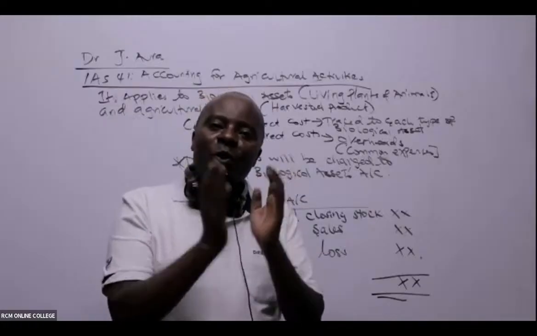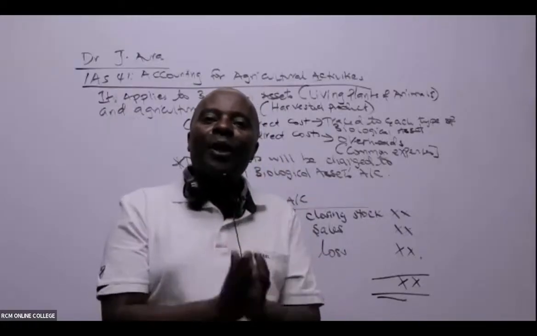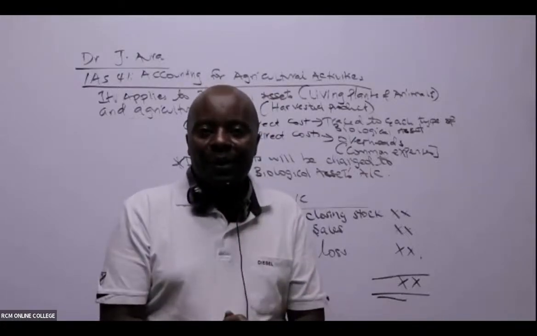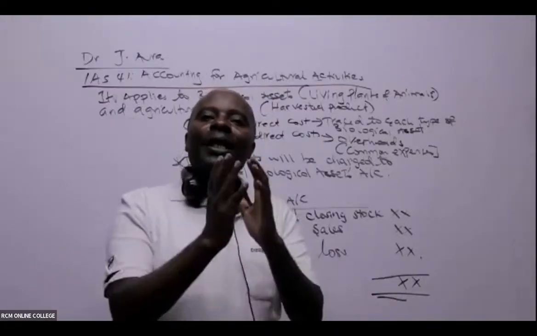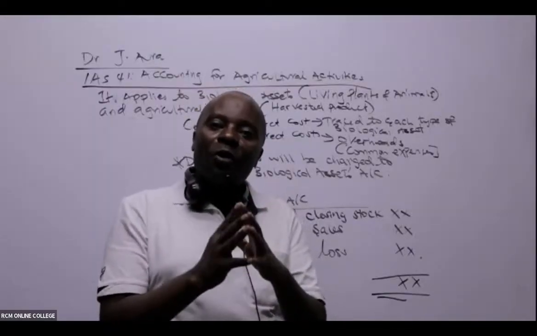So this water is a common expense, a common expenditure incurred to benefit my crops and my sheep. This is an indirect cost, also called an overhead.